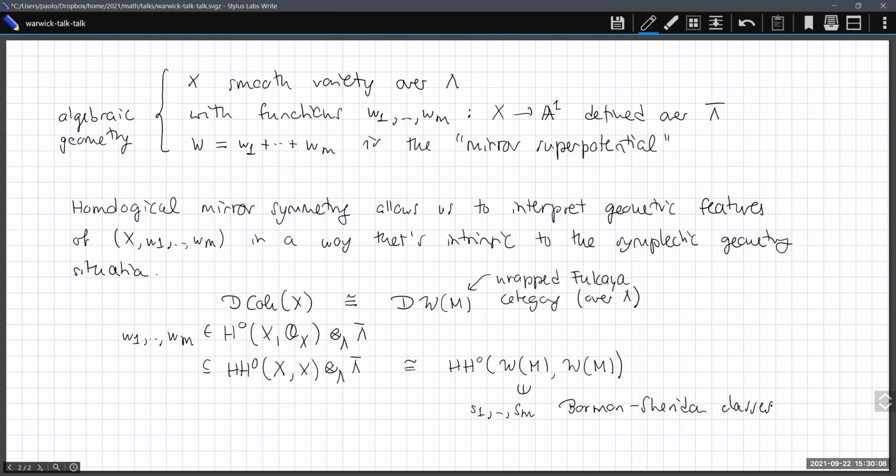Okay, so these are thought of, and then you can add them up to get something which corresponds to the mirror superpotential. Now, however, when you go into non-commutative geometry, there are always slight surprises. Usually when you have a function, you can consider its fibers, so you set that function equal to a constant.